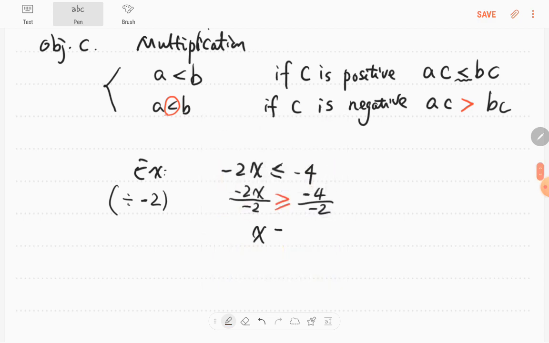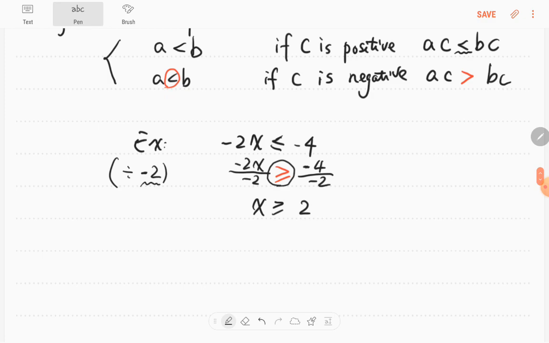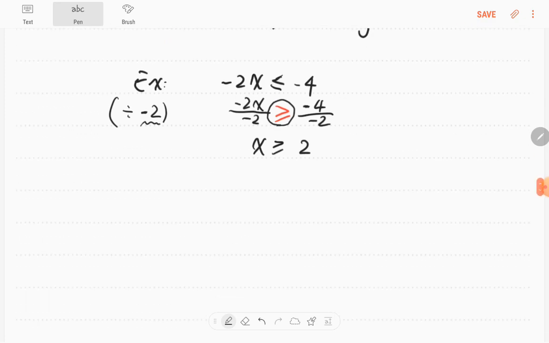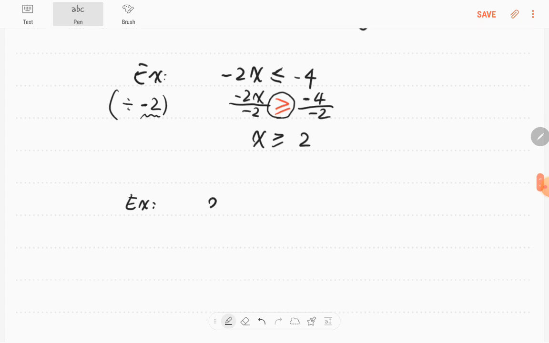After that, we only need to do the remaining part. So the most important part is here, the direction has been changed because we multiply or divide by a negative number. Of course, if you want to, you can use the number line to express your answer. Let's check another example.